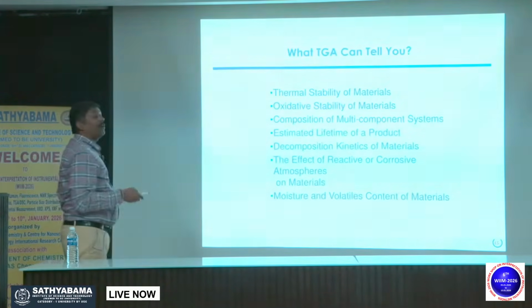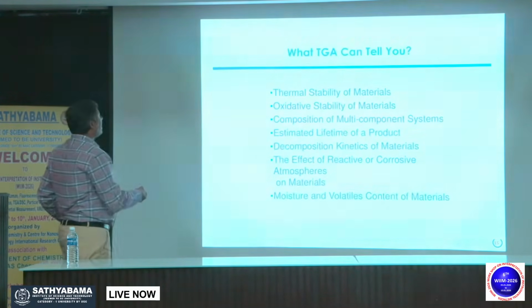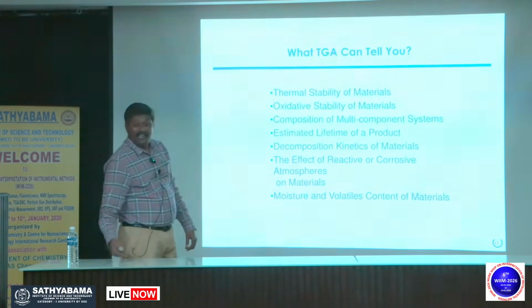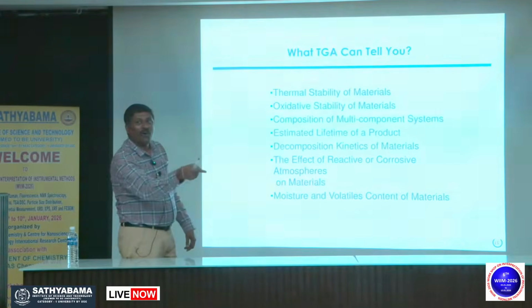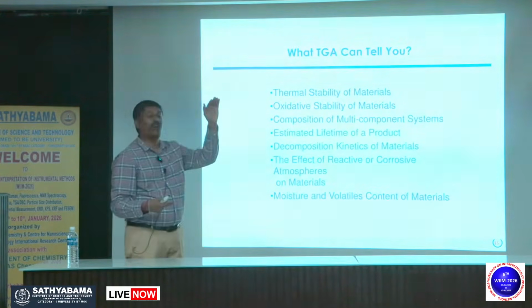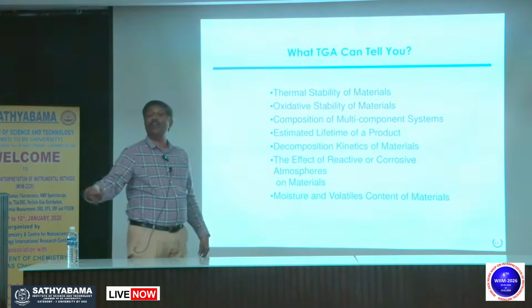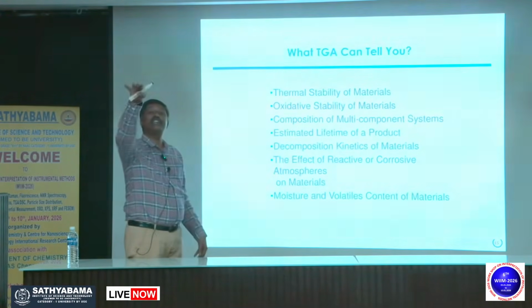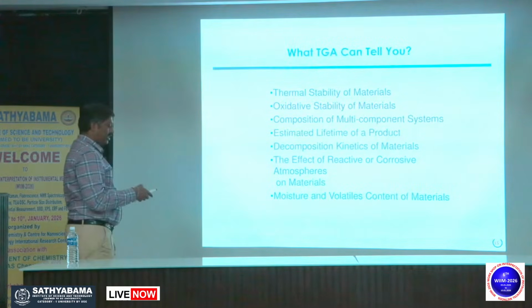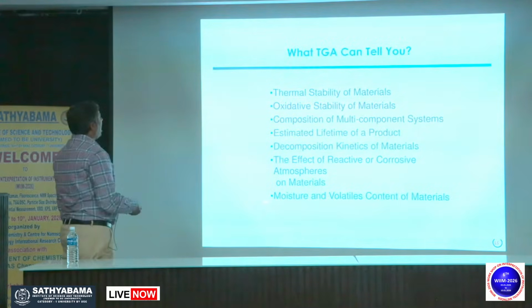Estimated lifetime of a product means how long it can sustain. Decomposition kinetics, kinetics came into picture here. If your heating rate is constant, then you have a time change also. So how fast or how slow it is decomposing along with the time when the heating rate is maintained. So you will understand kinetics and the effectiveness and the moisture volatile.